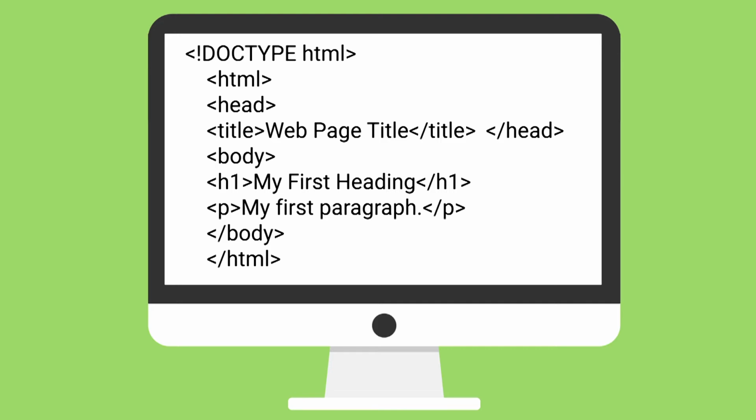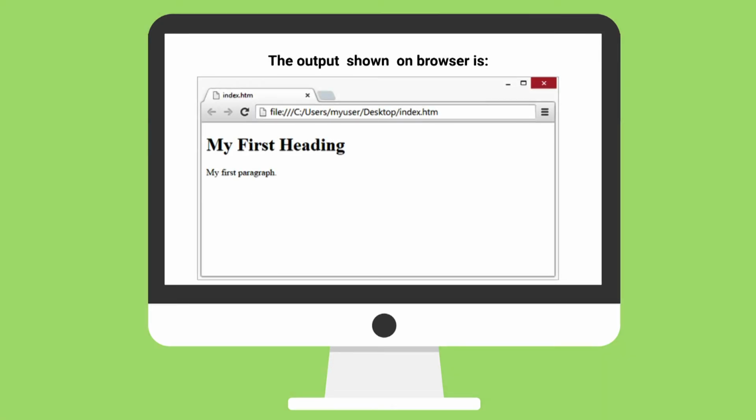Here, My First Page is the heading, and subsequently one paragraph. If you run this script, the output is what you can see on the right-hand side. My First Heading, whichever is applied here, is displayed. Similarly the paragraph is shown as only one line, but if you type more text, it would appear here. So this is the simple explanation of a simple HTML document.